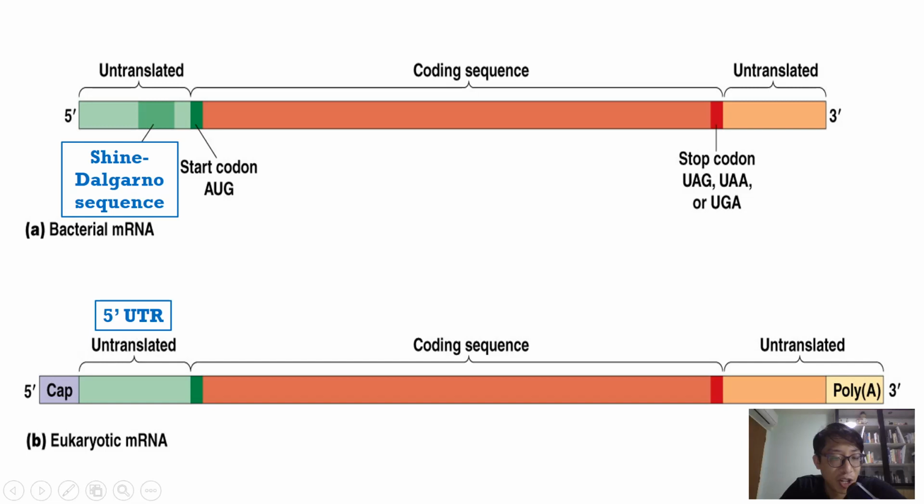This Shine-Dalgarno sequence binds to the mRNA binding site in the small subunit. For a eukaryotic mRNA, there's a 5' untranslated region, or 5' UTR in short, that is also before the start codon. This 5' UTR binds to the mRNA binding site in the small subunit.